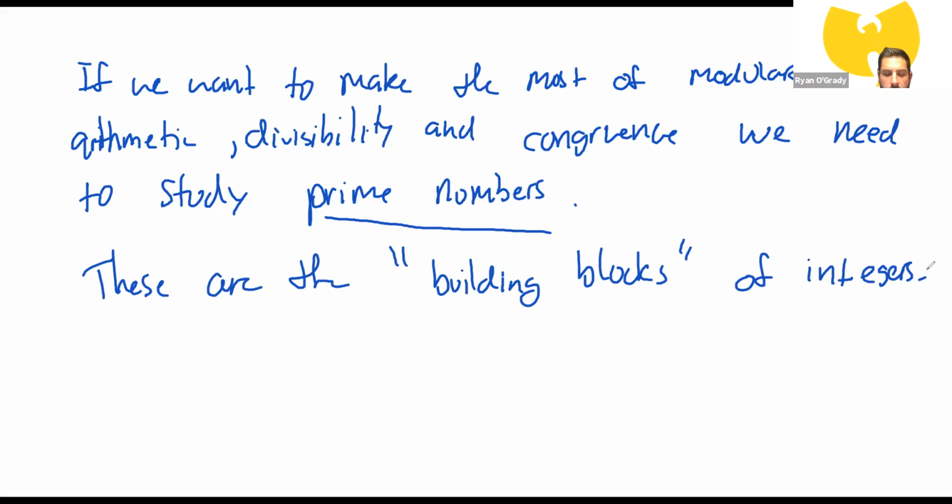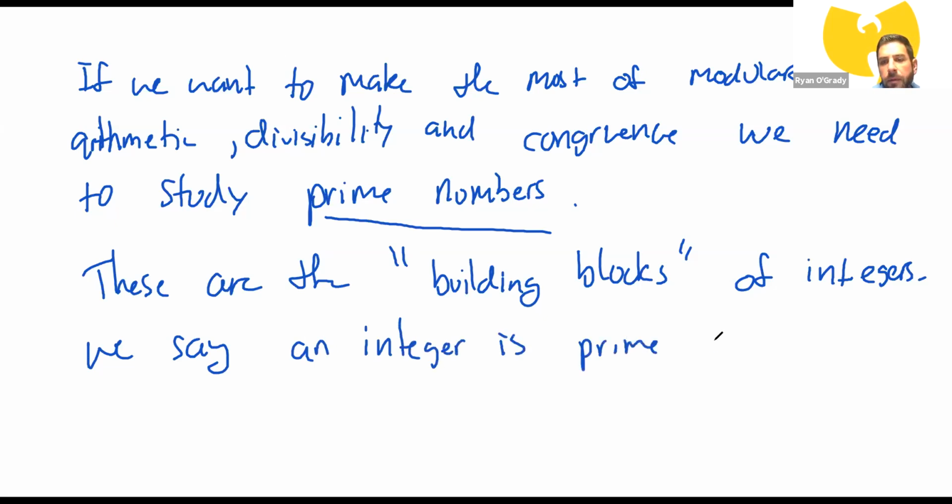So how do we define a prime? We say a number is prime. I guess we should be more specific, because it's not just a number, it's an integer. So we say an integer is prime if it has two divisors.